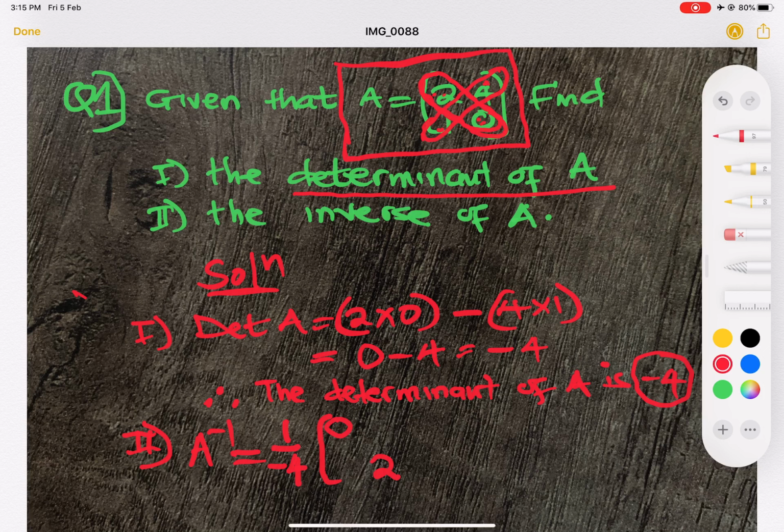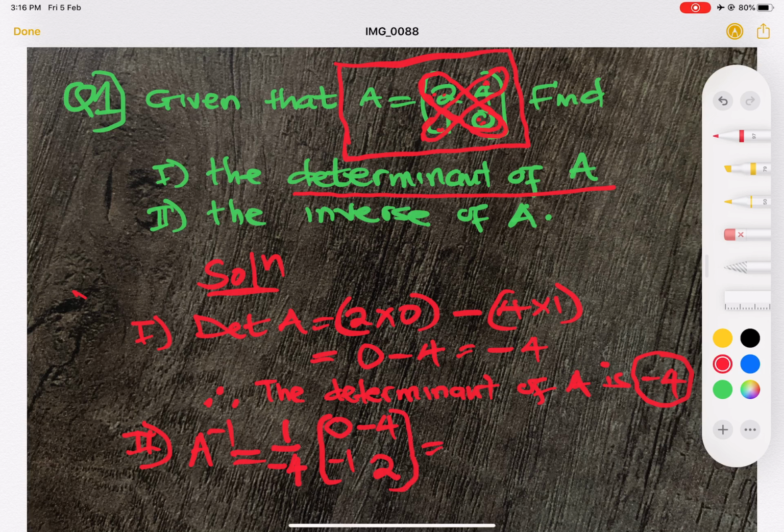So since all of them are positive, all of them become negative. So if one of them was positive and the other one negative, the positive one was going to become negative, and then the negative one was going to become positive. Okay, so in this case, both of them will have a negative sign. So you have that. Okay.